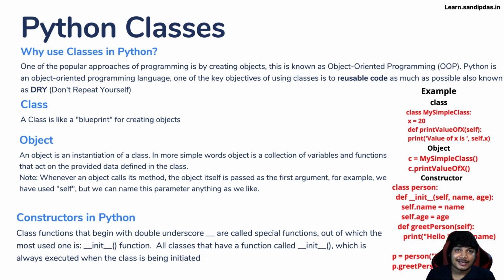So what exactly is a class? A class is a blueprint for creating objects. Now what is an object? An object is an instantiation of a class. In simpler words, an object is a collection of variables and functions that act on data defined inside the class. One important note here: whenever an object calls a method, the object itself is passed as the first argument.